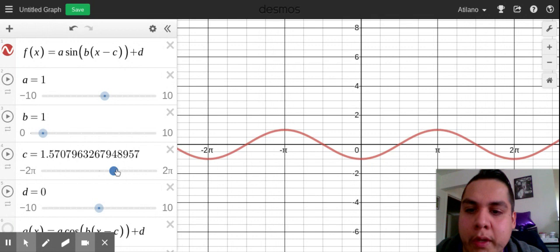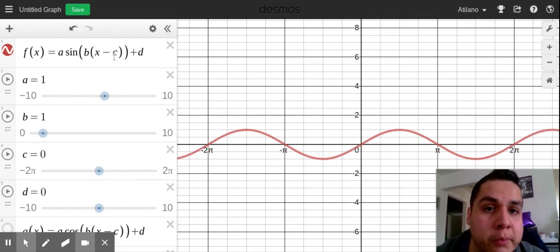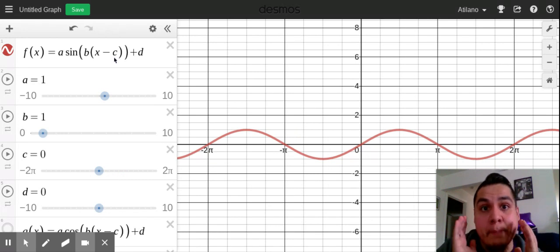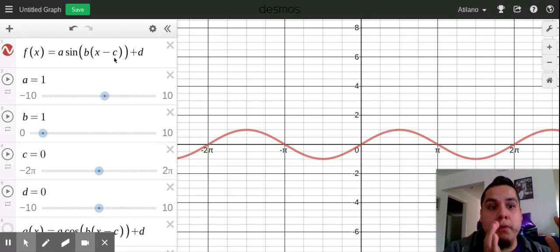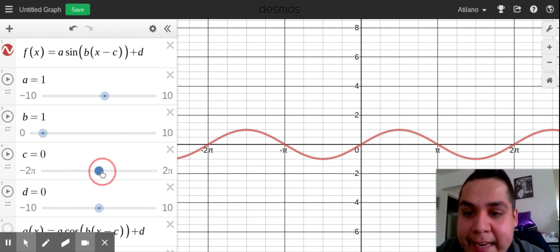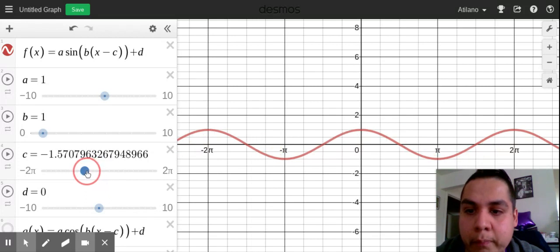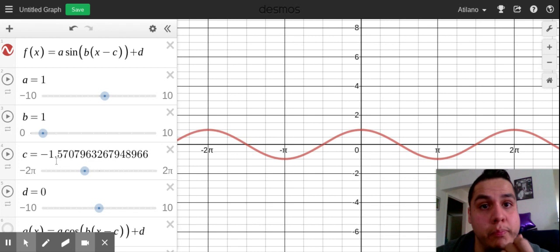So if I have a C value here that's being subtracted, and it's like I'm subtracting a positive number, that moves my graph to the right. If I'm subtracting a negative value, so right there that would be a negative pi over 2, I subtracted that and it moved.